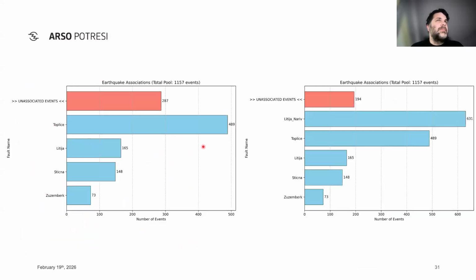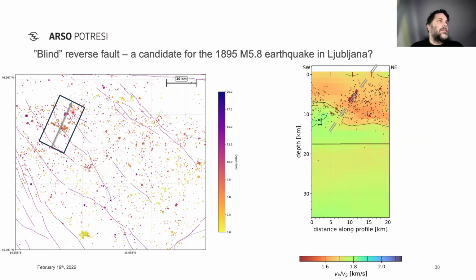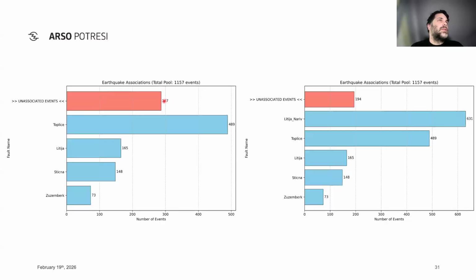So a simple statistical test for this seismicity that I showed you in that area. If we just take these purple lines as active faults, we can see that we have like 287 events that do not fall on any of those faults.